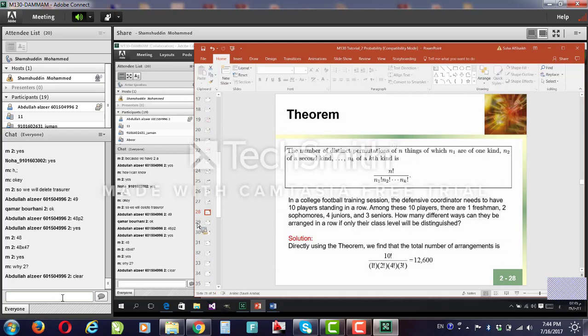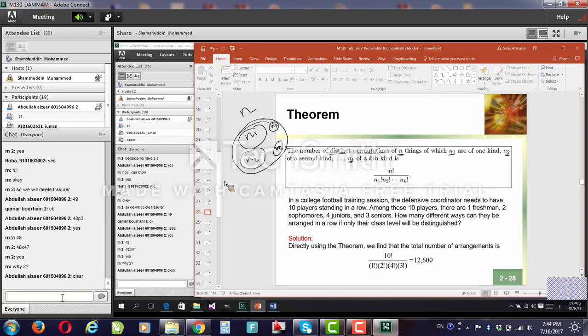We have the following theorem. We are talking about the number of distinct permutations of n things, of which n1 are of one kind, n2 of the second kind, n3 of the third kind, so I have n things divided into n1 things, n2 things, n3 things, up to nk.